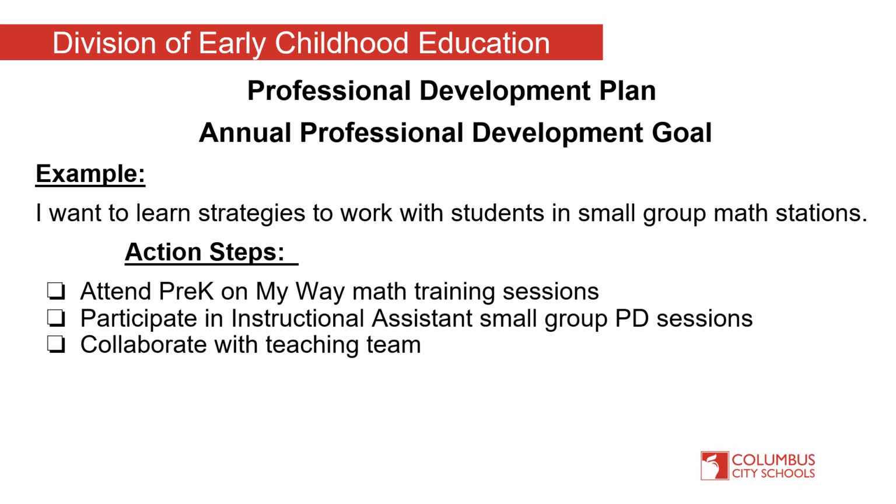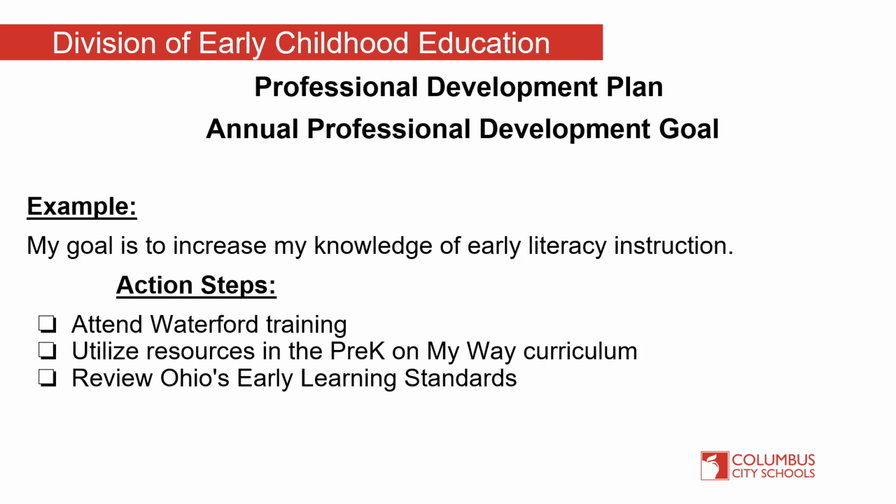This would be written in the goal portion, and then you would write action steps towards the goal. For example, action steps could be, attend pre-K on my way math training sessions, participate in instructional assistant small group PD sessions, and collaborate with teaching team.